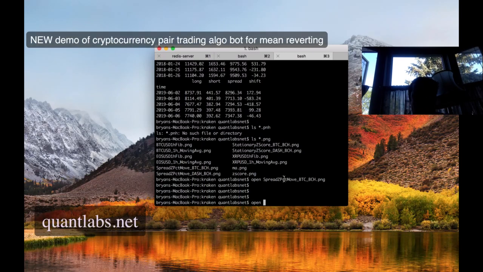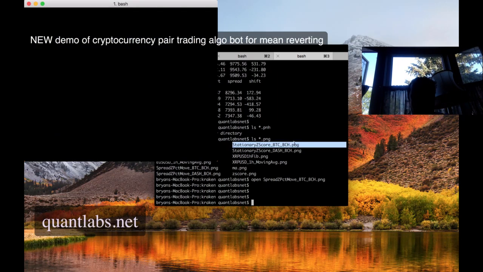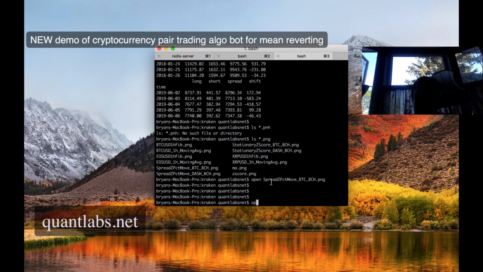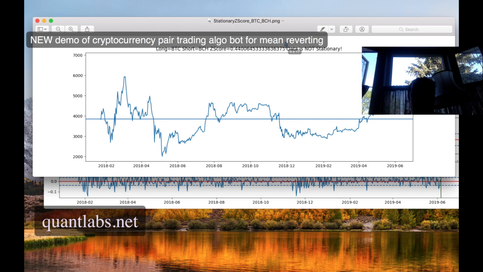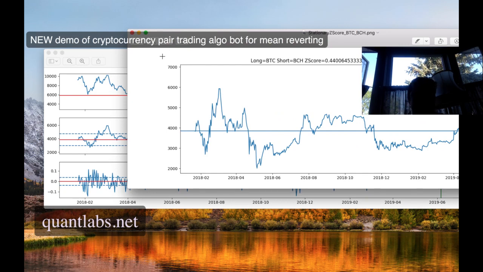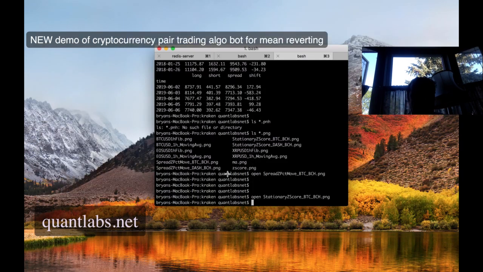And that's what this other chart will show you. So we want to see this. So it says data is not stationary. So if it's not stationary, then chances are it's not quite trading set of conditions.